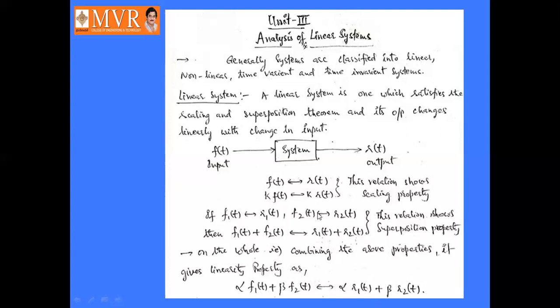So finally, a linear system is a system which satisfies scaling and superposition, and its output changes linearly with a change in input. This is called the linear system.